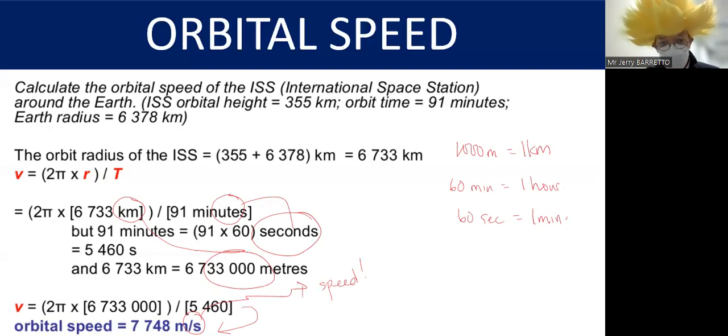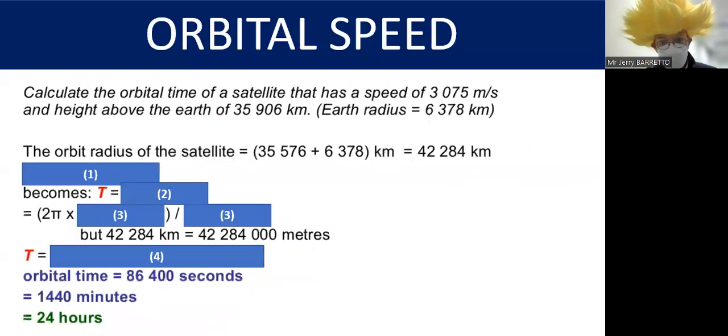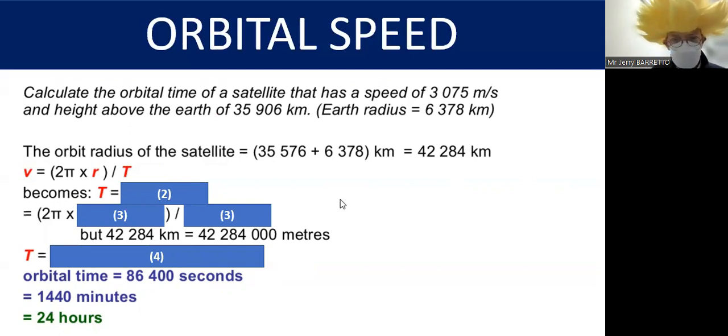Okay, let's try another one. First step is remembering a relationship and then asking ourselves, can we use that relationship directly? It looks like in this case we can't, because this equation is going to solve for the orbital speed.